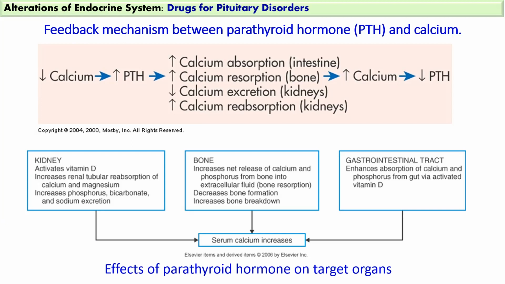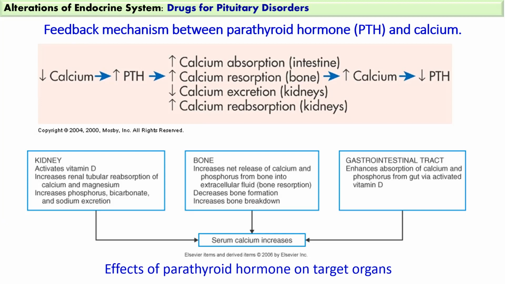An example of a negative feedback mechanism would be hypocalcemia, and how it leads to increased production of the PTH hormone, which eventually results in increased calcium.